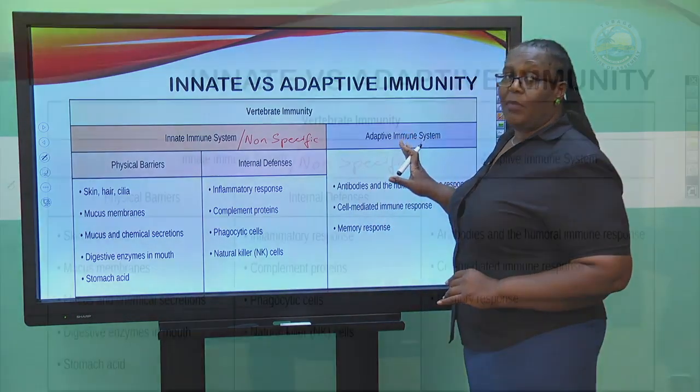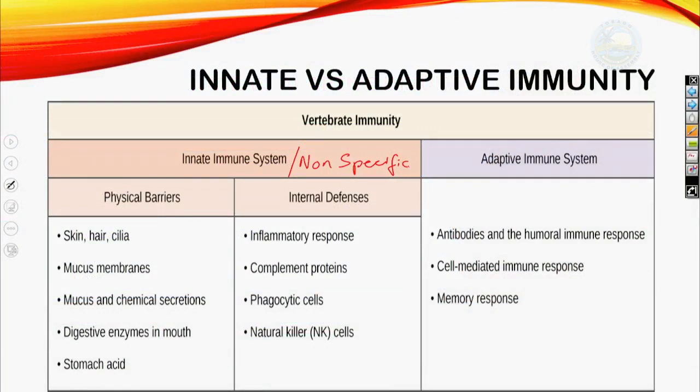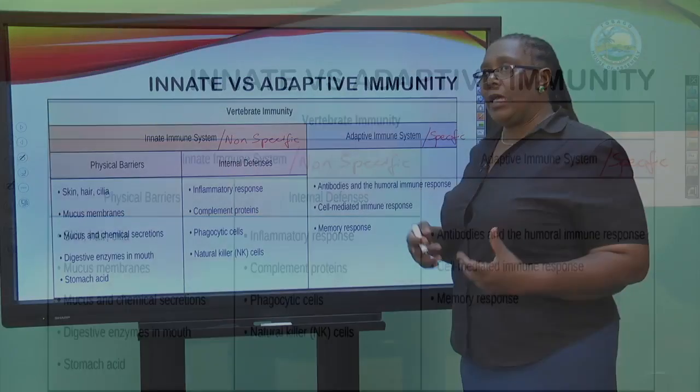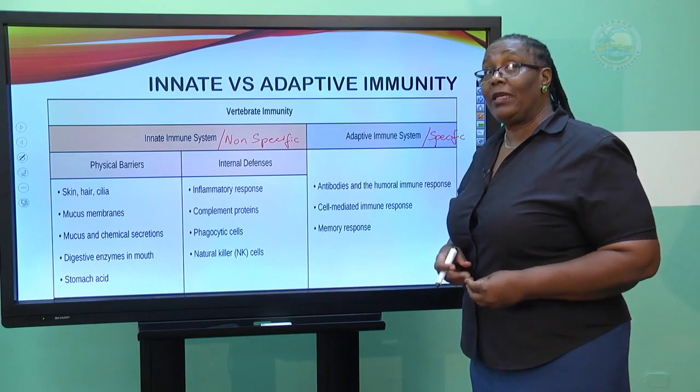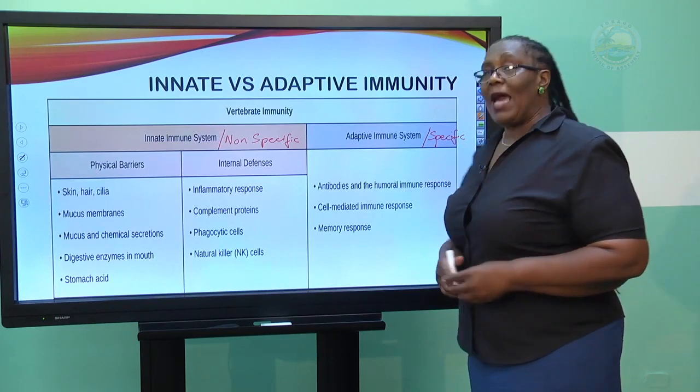Whereas this system here, what we call the acquired immune system or the adaptive immune system, they are said to be specific. And so these will come into play every time you interact with a pathogen, once the pathogen has been in your system and would have interacted with you in a particular way, these will be activated.